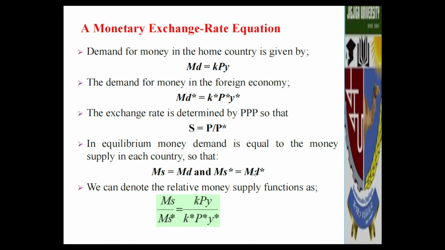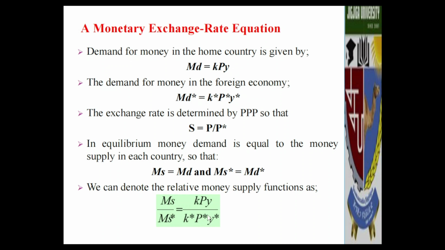Similarly, the money supply in the foreign country is equal to the money demand in the foreign country. So we can denote the relative money supply function as money supply for the home country over money supply for the foreign country, equal to kPY for the home country over kP*Y*, where the star denotes the foreign one.